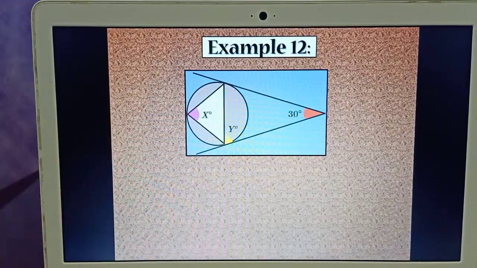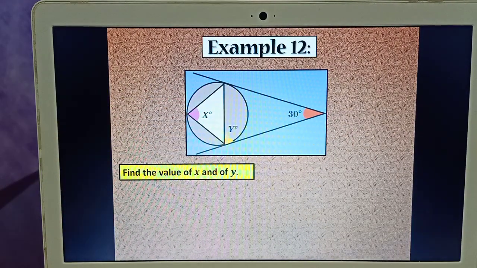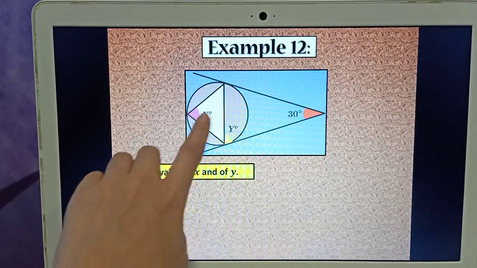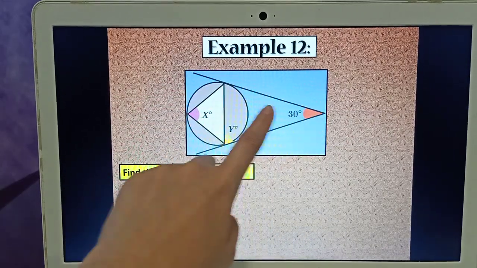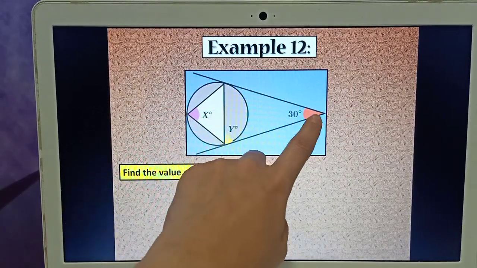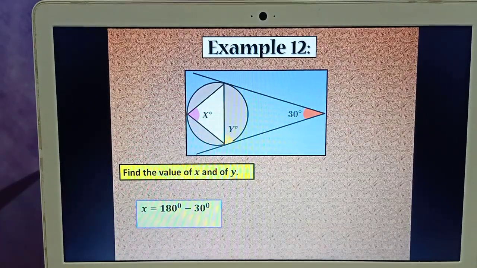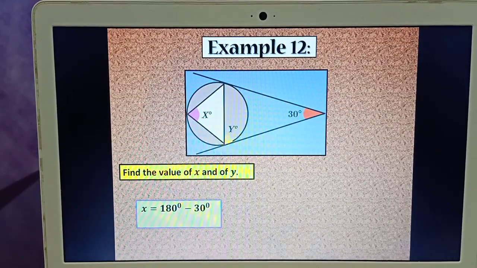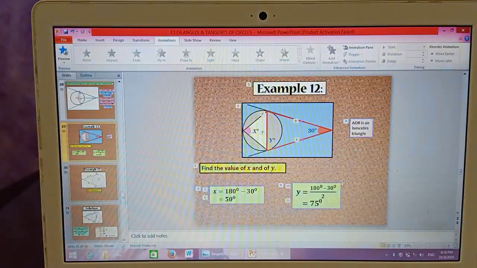The question wants you to find x and y. What do you know about this angle and this angle according to what you learned just now? They are opposite to each other, right? So in order to get x, you need to use 180 minus 30. So the answer will be 150.